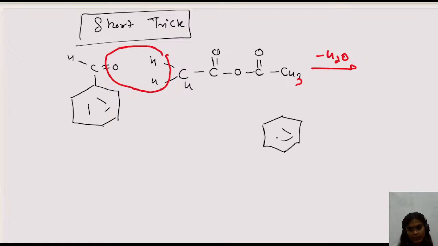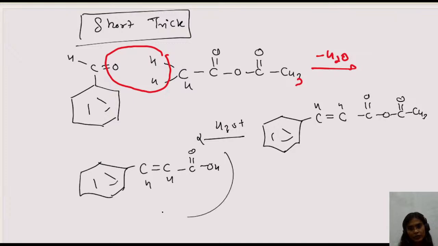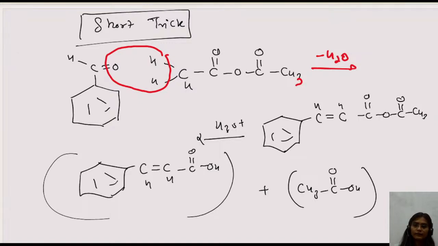But the ester still undergoes hydrolysis, because we want the final product as an acid. So, CH=CH-CO-O-CO-CH3, and on further hydrolysis the final product is cinnamic acid, CH=CH-COOH, and we also get CH3COOH. That's it.